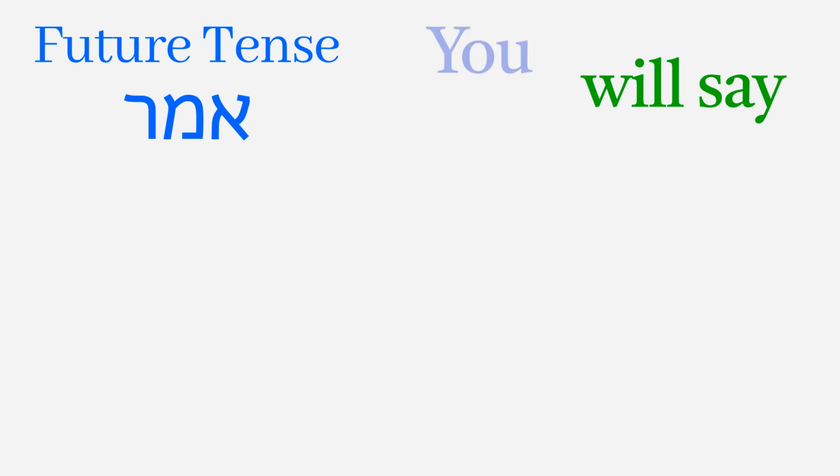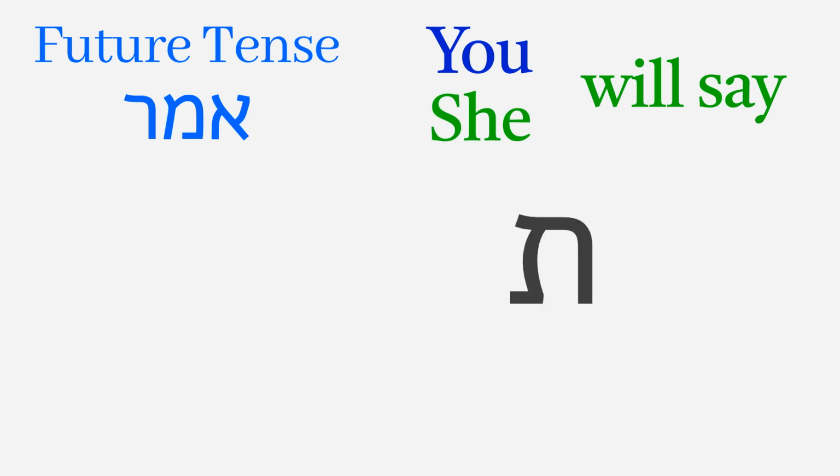As for the future tense of this root and certain other roots starting with aleph, let's begin by saying how to make the ata and he form. This is made with the tav prefix, but the vowel on the tav here is a cholam instead of the usual hirik. Next comes the first root letter aleph, which has no vowel and does not affect the pronunciation of the word.